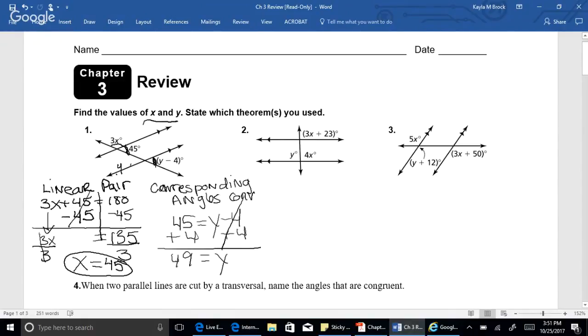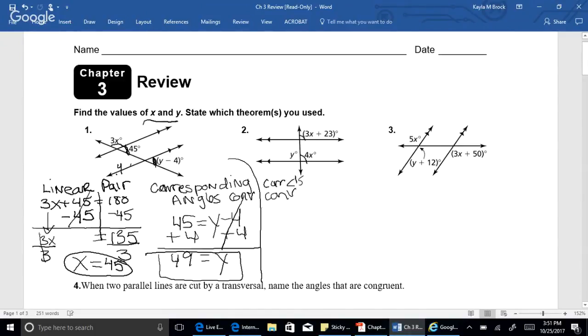Okay, so this is for number 1. 49 equals y and 45 equals x. Let's move on to question 2. Question 2, we have 3x plus 23 and 4x are corresponding angles. So we're going to use the corresponding angles converse again.